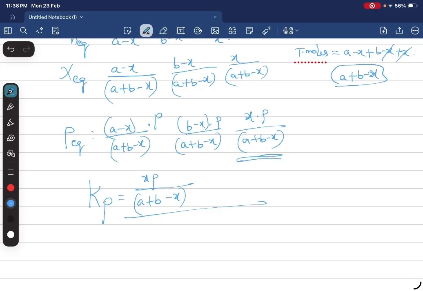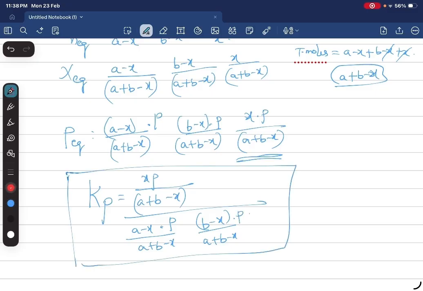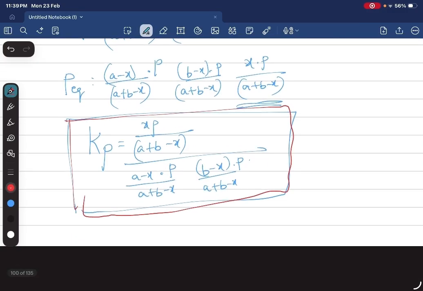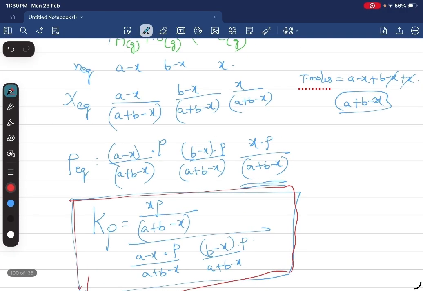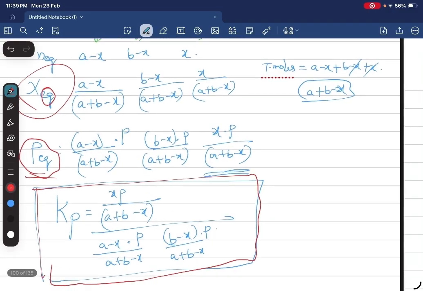Products is this, reactants are A minus x by A plus B minus x into P, and the same way B minus x by A plus B minus x into P. This is the overall Kp, and you can follow it as is to solve any question related to Kp or Kc. This is one more very important point: first write the mole fraction at equilibrium, then convert into partial pressures, and later write it for Kp.